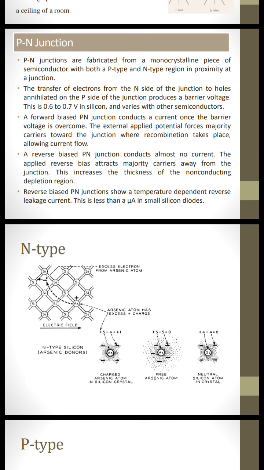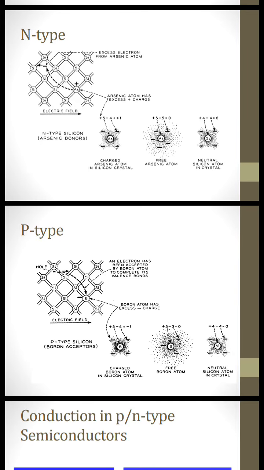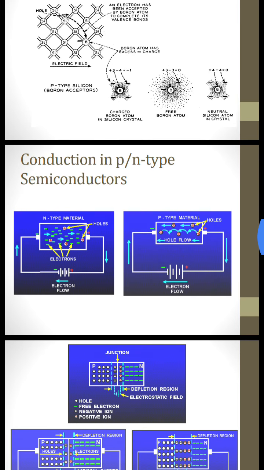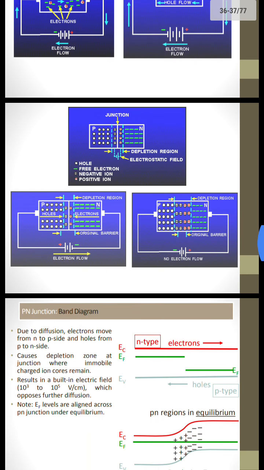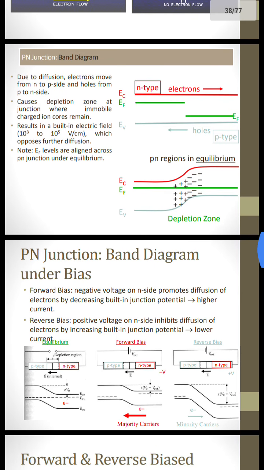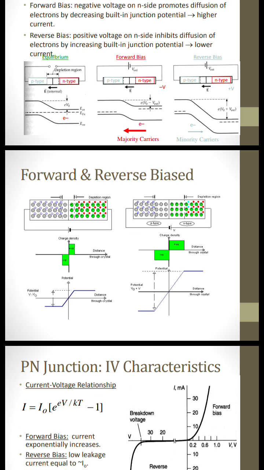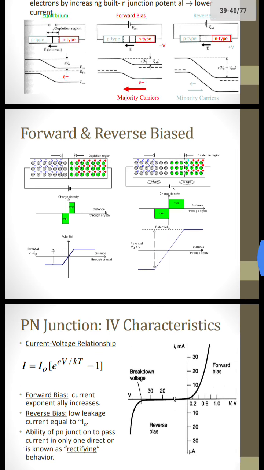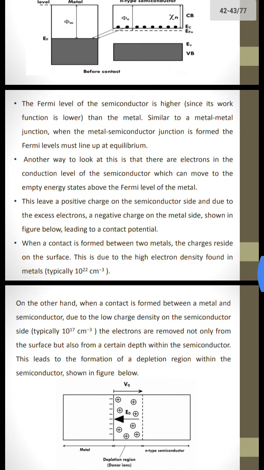Junction. The Fermi level of the semiconductor is higher than that of the metal, similar to the metal-metal junction.